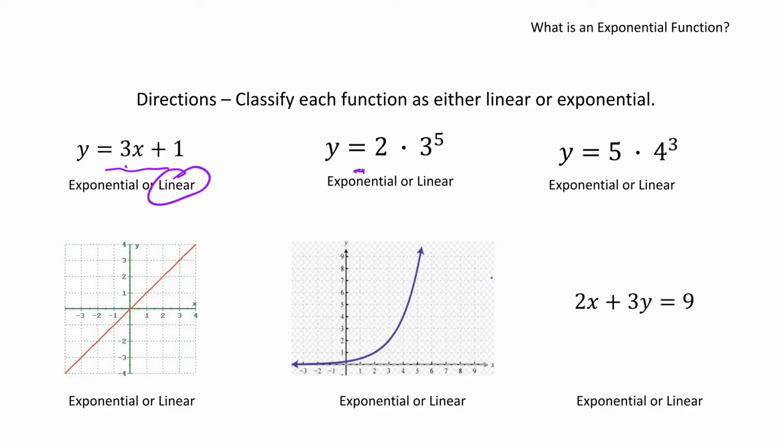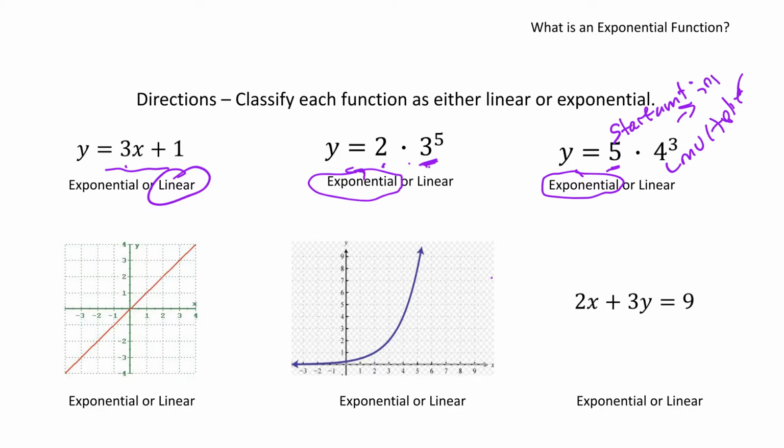This one here, the next one, is an exponential function because you have some number, your starting amount, times your multiplier of 3 to the 5th power. This next one is also exponential because you have y is equal to 5, which is your starting amount, 4 is your multiplier, and 3 is your input value.